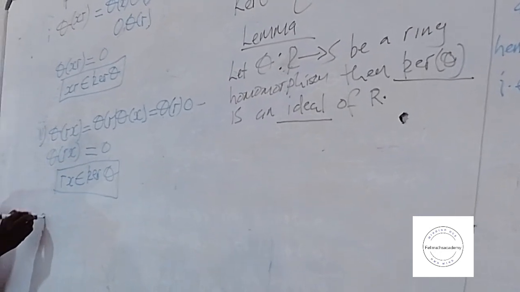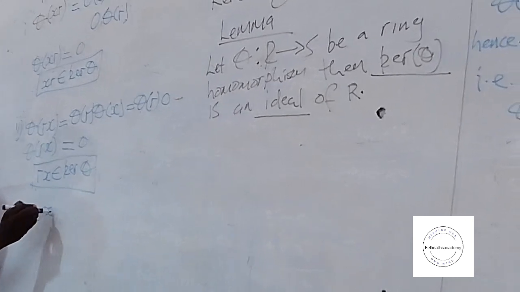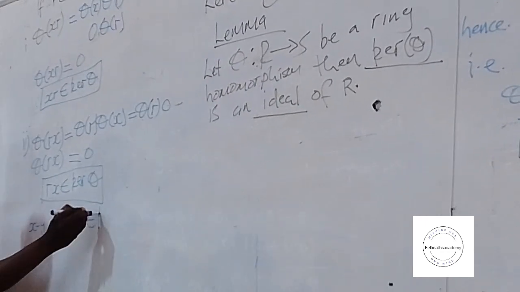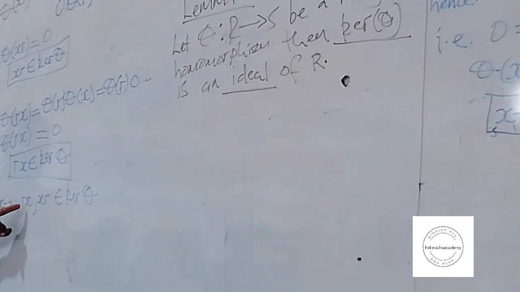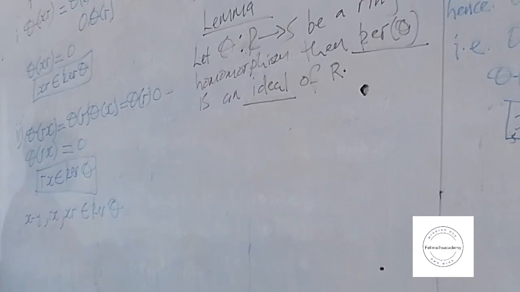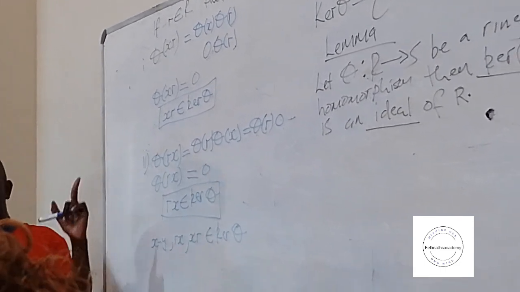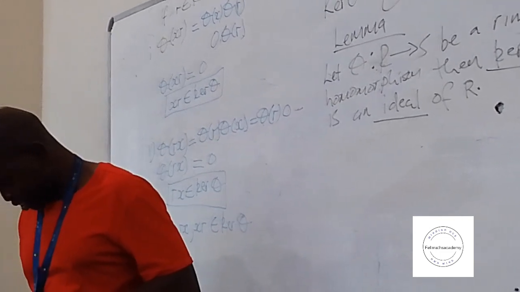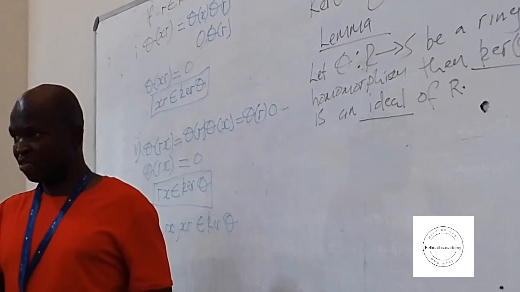We are saying x minus y, Rx, xr are all elements of kernel theta. But Rx and xr are left and right ideals. Then it's an ideal. Then kernel theta is an ideal of R as required.